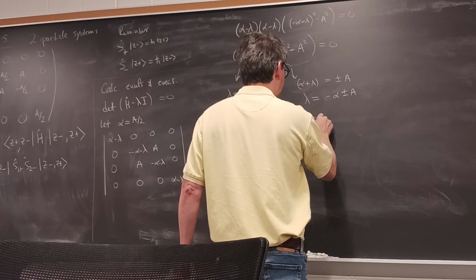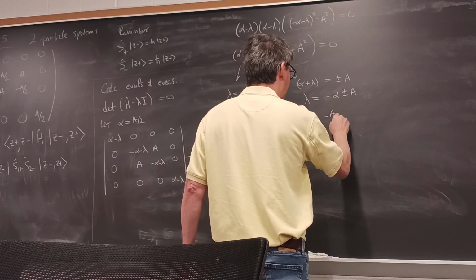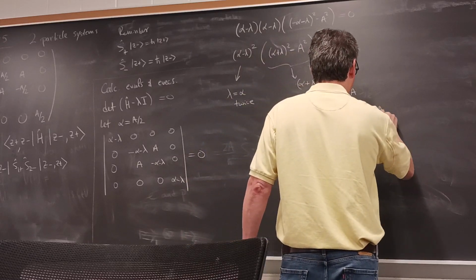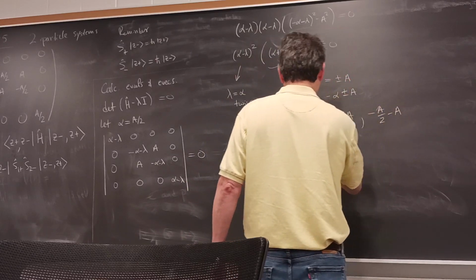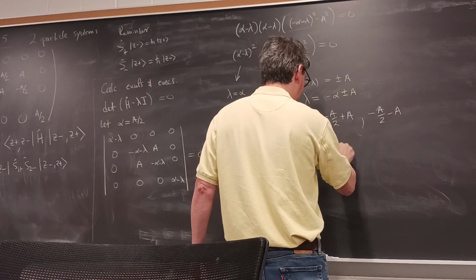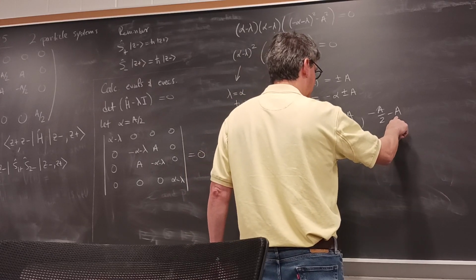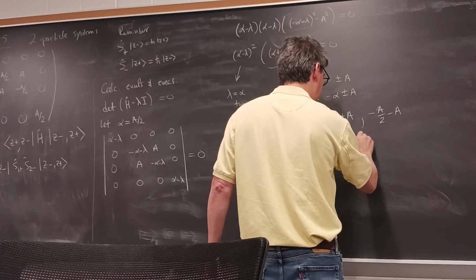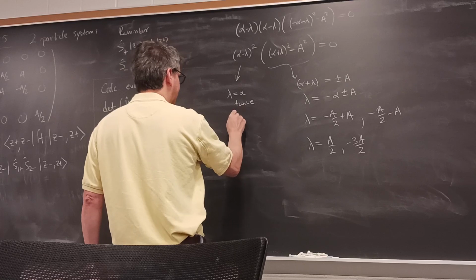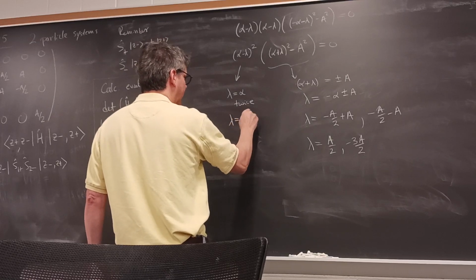Okay, so what's this then? So lambdas, this is minus a over 2 plus a, and minus a over 2 minus a. So lambda here is just a over 2, and this is minus 3a over 2. And this is a over 2 twice.